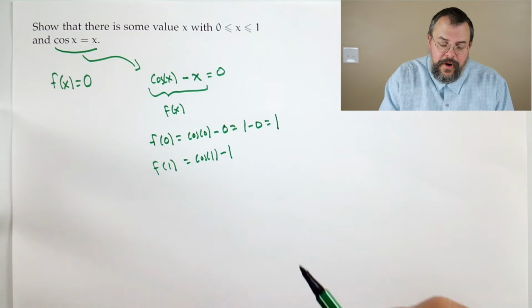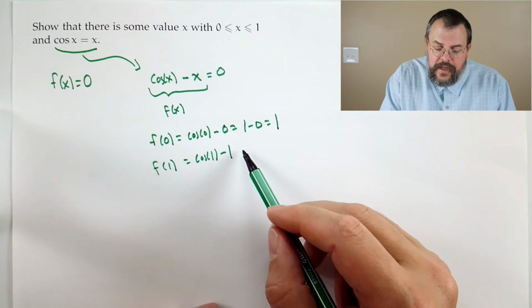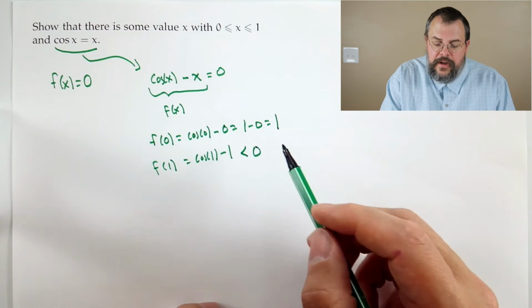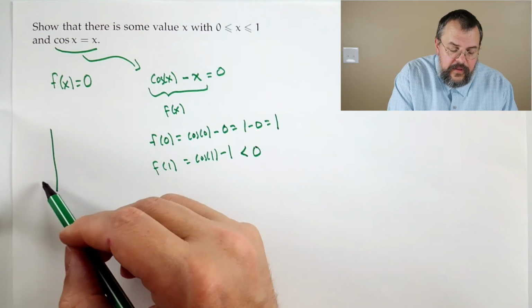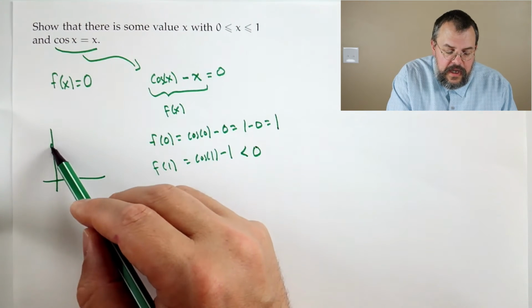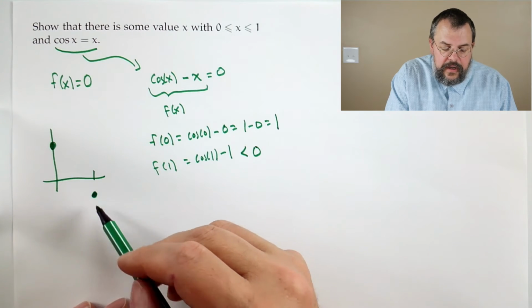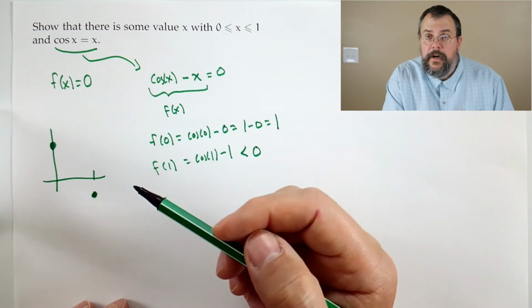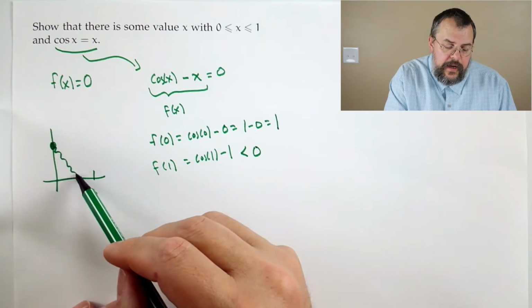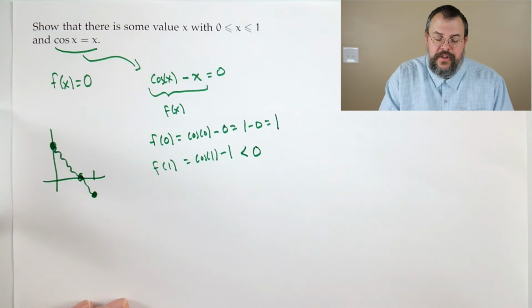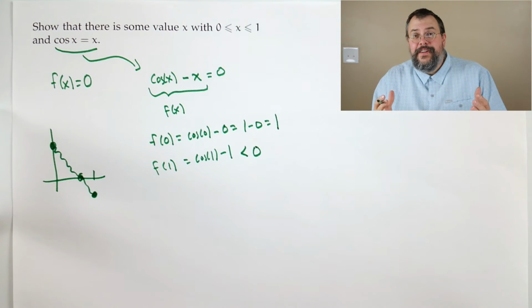So since it's below 1, if I subtract 1, I'll end up with something negative, which means that the function is 1 at 0, and when we plug in 1, it's negative. And therefore, there has to be a root. And so that's the argument.